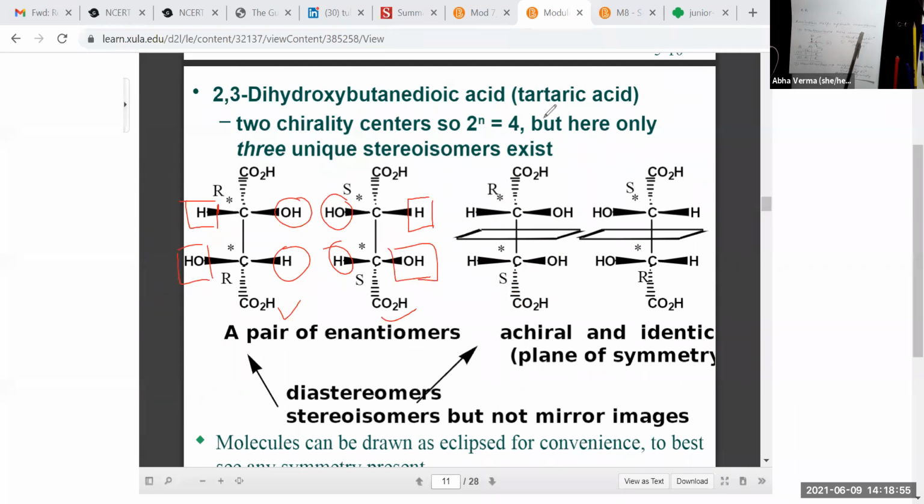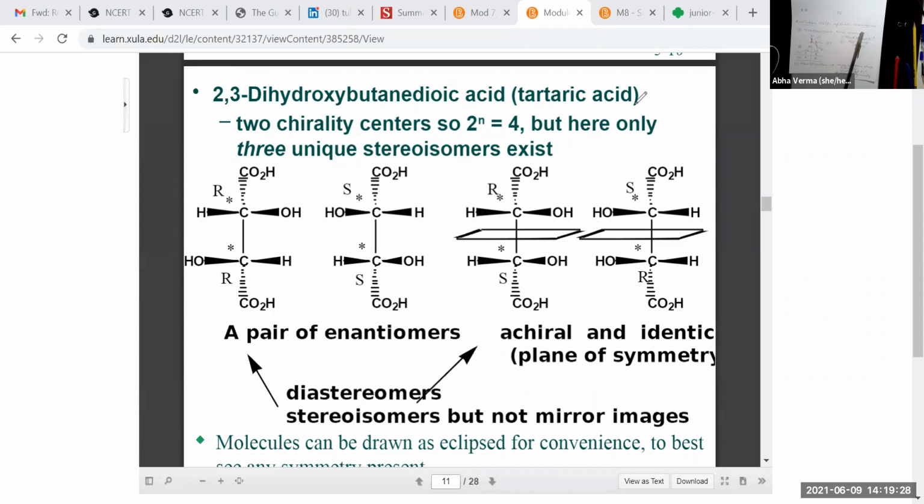If you slide this over this, you are going to have OH here and the H here and the H here and this OH right here. They will not superimpose, and then you can say easily that these are mirror images. Looking at the mirror images in the Fischer projections is quite easy and convenient also.